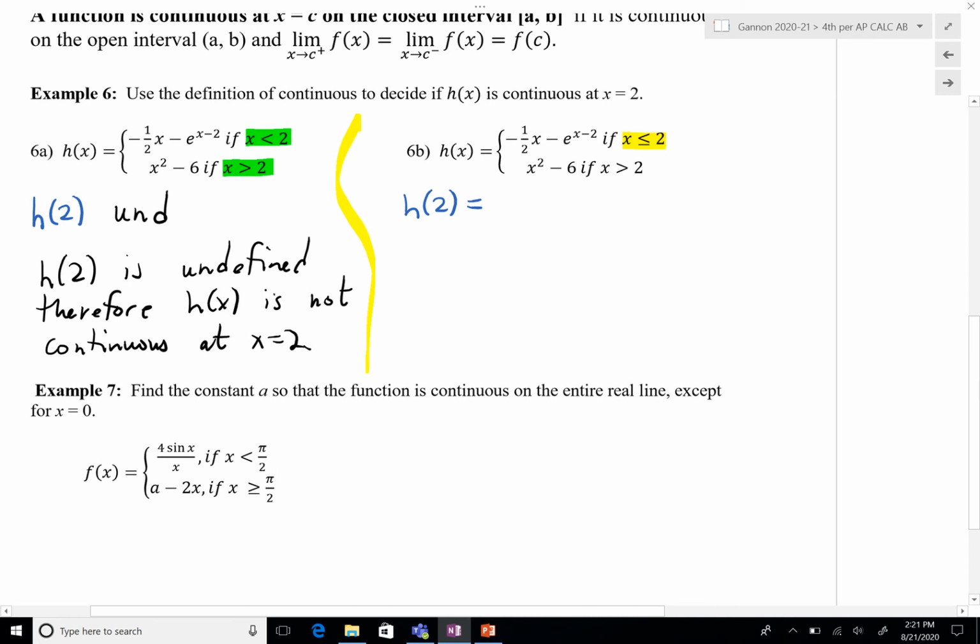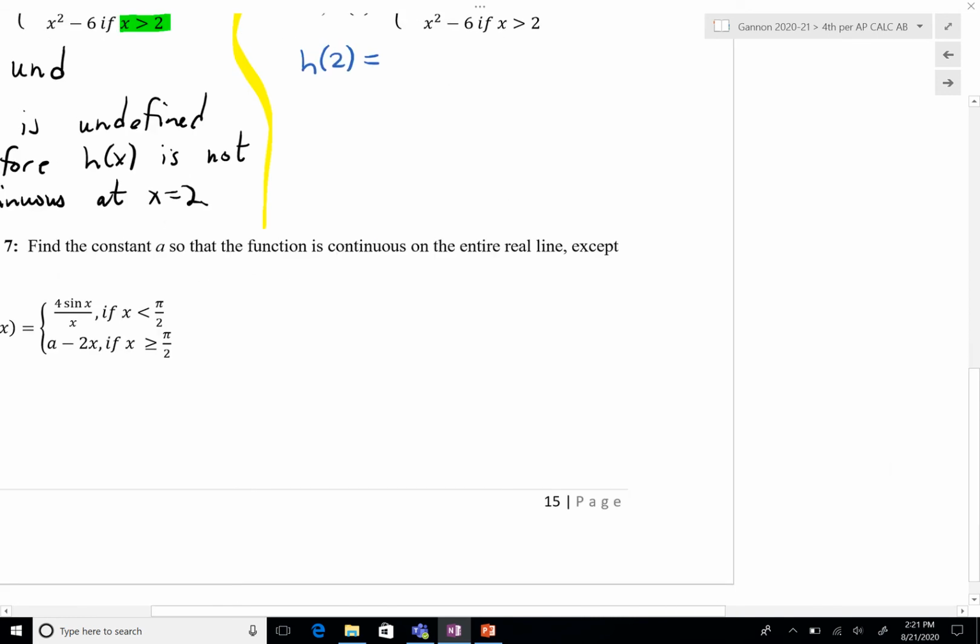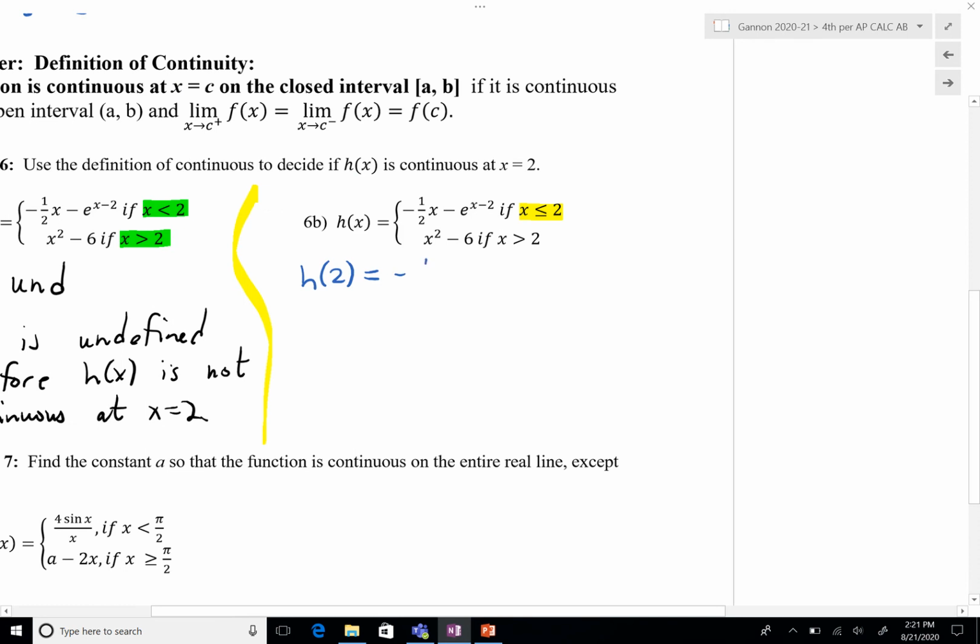I'm going to use the top function when x equals 2, which is negative 1 half times 2 minus e to the 2 minus 2. So that's going to be negative 1 minus, well, 2 minus 2 is 0. Anything to the 0 power is 1. So I end up with negative 1 minus 1, which is negative 2. So this time the function is defined at 2.